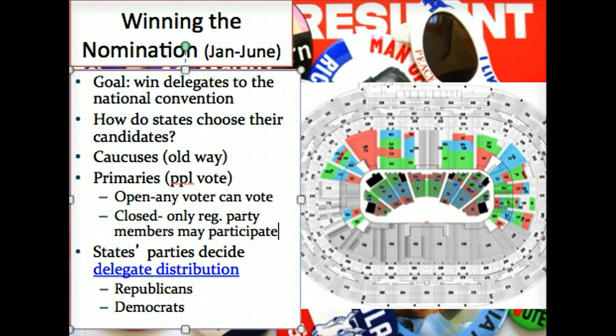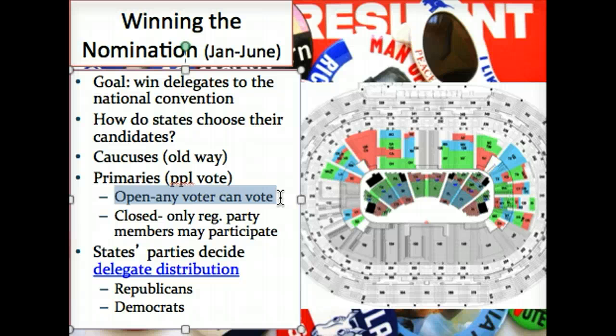Now, the reason they do this, Virginia has open primaries. Some states have closed. The reason you would want to have an open primary is because you can allow independents to vote in either the Democrat or Republican primaries, and they don't have to pick a side because they might be uncomfortable with that. But in closed primary states, you have to be registered Democrat or Republican if you want to participate in the primary.